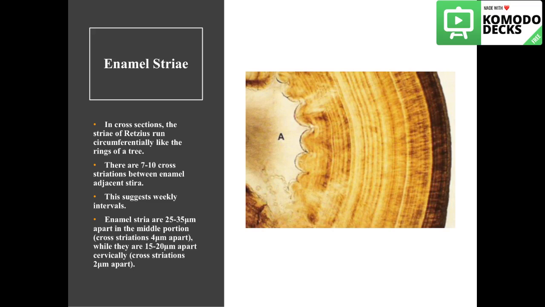So each two striae of Retzius have 7 to 10 cross-striations between them. The enamel striae are 25 to 35 micrometers apart in the middle portion, where the cross-striations are 4 micrometers apart, and 15 to 20 micrometers apart cervically, where the cross-striations are 2 micrometers apart.